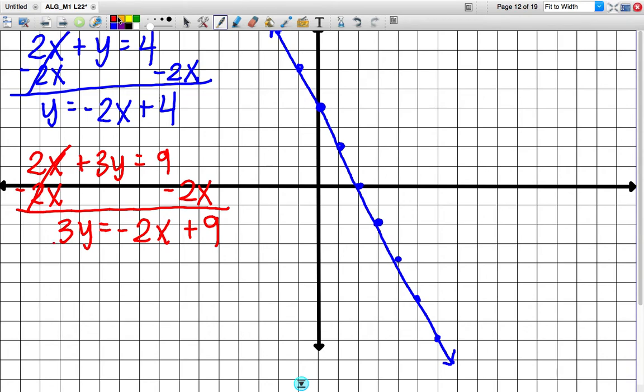And now I'm going to divide by 3. So that leaves me with y equals negative 2/3 x plus 3. So my y-intercept is positive 3. I have a slope of negative 2/3, so I'm going down 2 over 3.